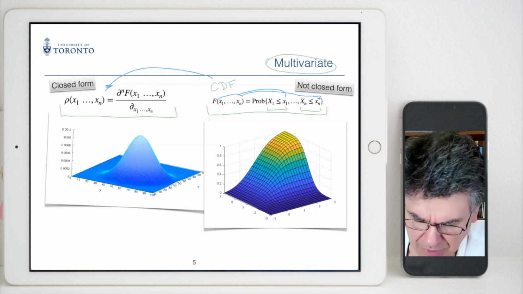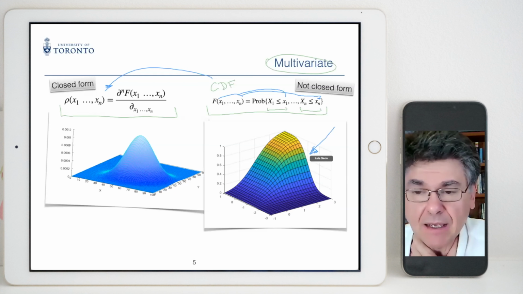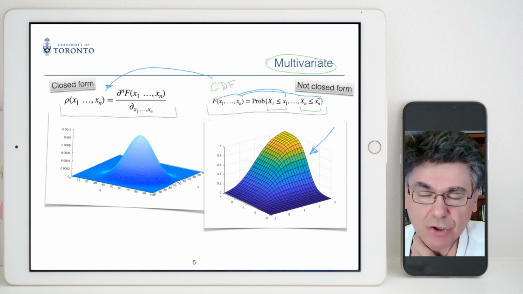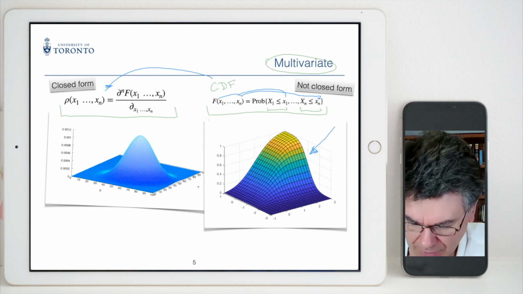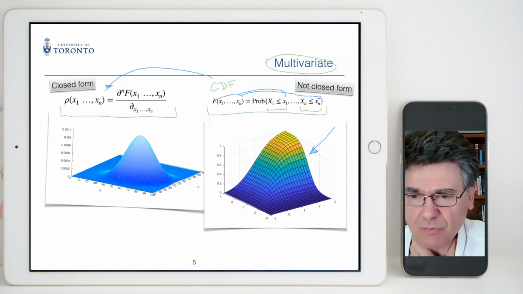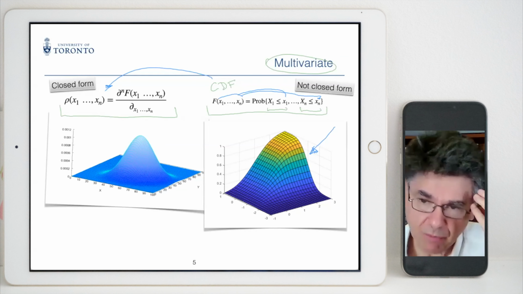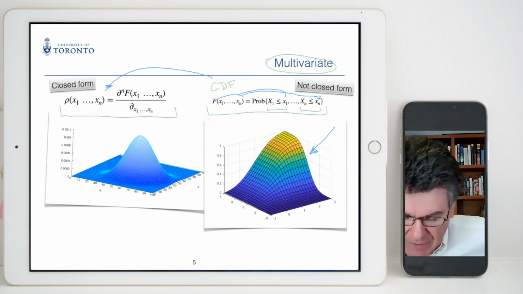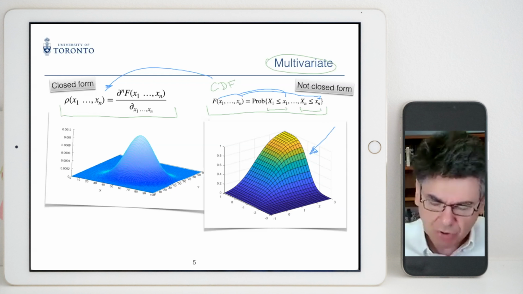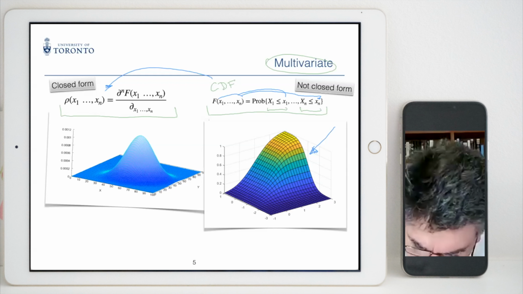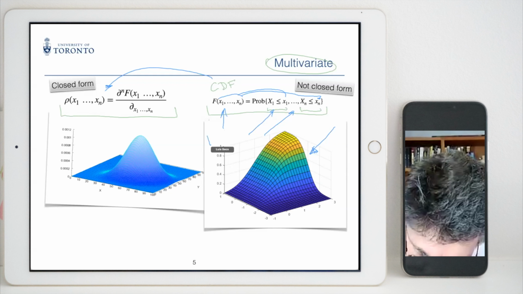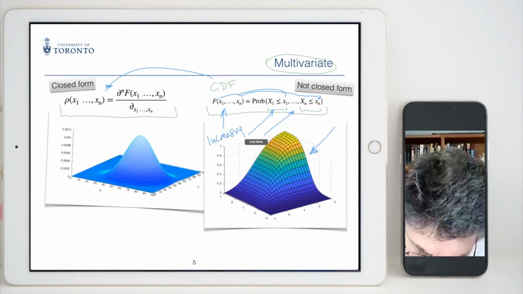The cumulative distribution function typically looks like this. It used to be increasing. Now it's an increasing surface in the case of 2 variables. In the case of more than 2 variables, it's not something we can visualize because it lives in a space of very high dimensions, but it still has this monotonicity. This function is monotone, meaning increasing, in each of its variables.